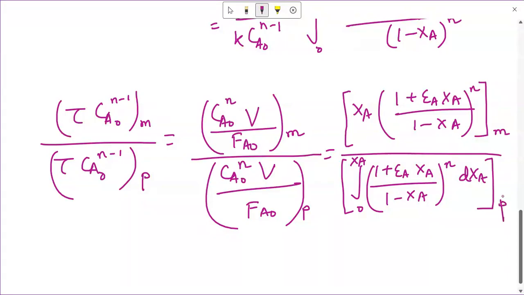This is the expression that you will obtain for a general case.